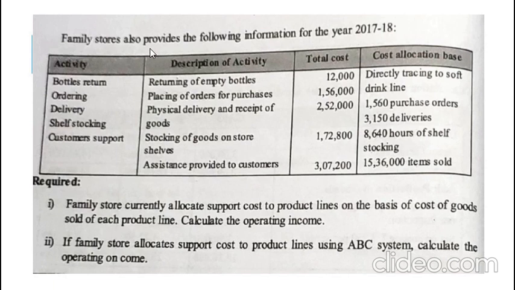Without that assistance, the product will not be completed, therefore it is called support cost. So we need to check if they have given the cost of goods sold in the problem.